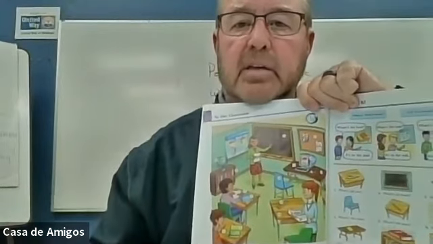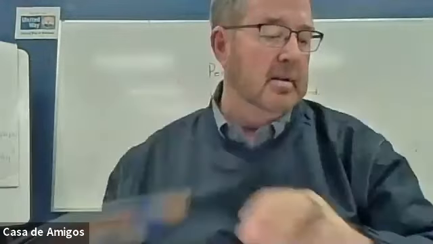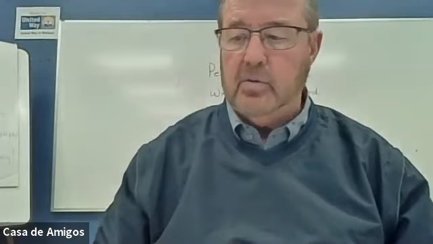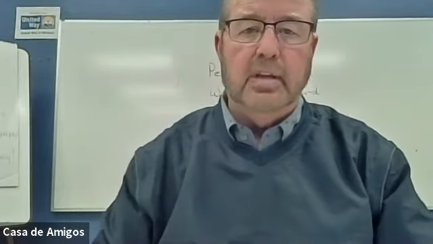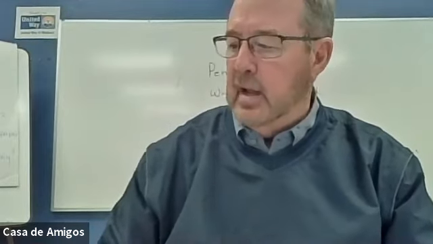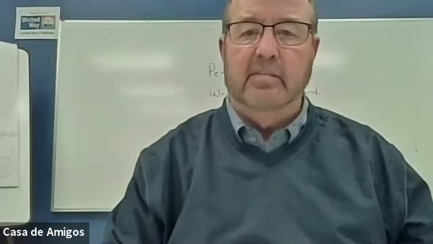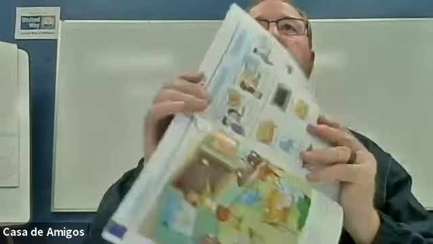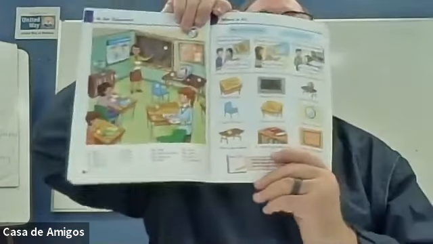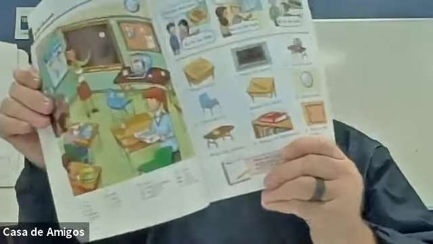Say them in Spanish and then say them in English. So you can pause the tape for a little bit, do that, and then come back for page 9. So we're on page 9 now.